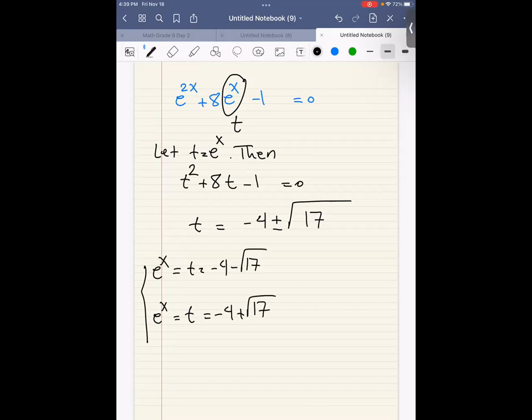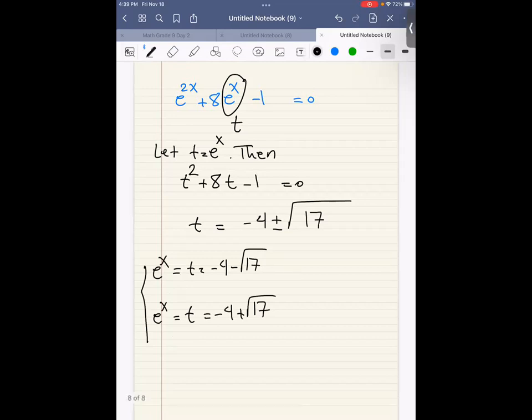Now, which one is actually the solution? Here we have two solutions. No, I am asking you, do we have two solutions? No. E to the power x can't be negative. Perfect.